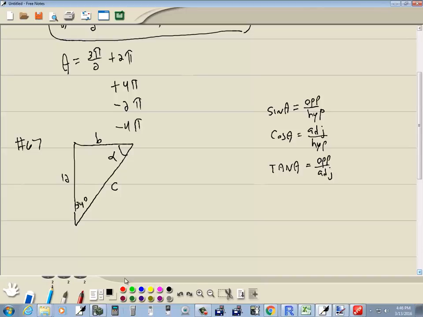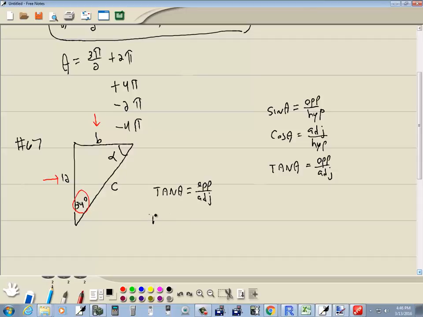Now I want to pick some angle to work with. Well, the one you best work with is one that's always given. So I'm going to have this one, and then I'll use this side, and I'll use this side. In terms of this angle here, B is the opposite side, and 12 is the adjacent. Well, opposite and adjacent is my tangent. So tangent theta is equal to opposite over adjacent.